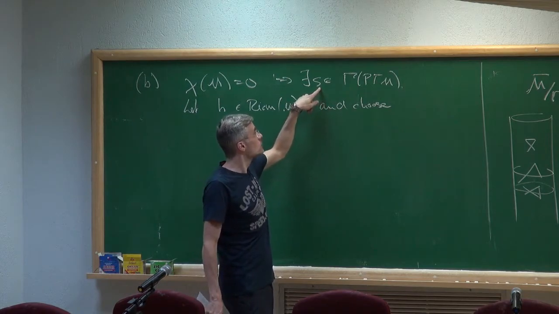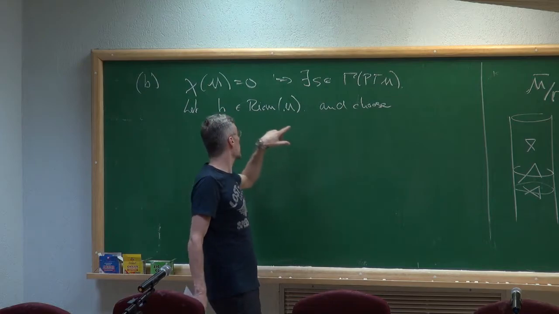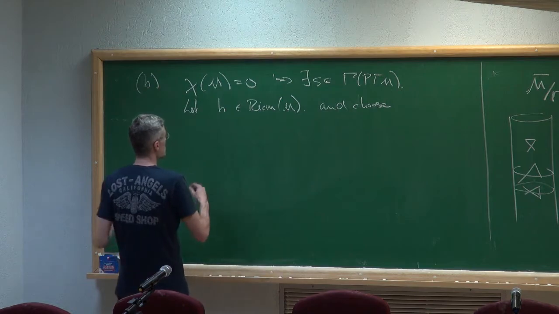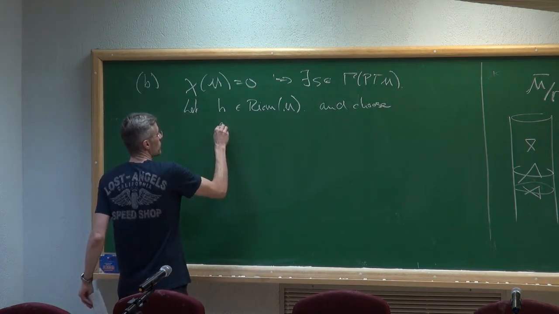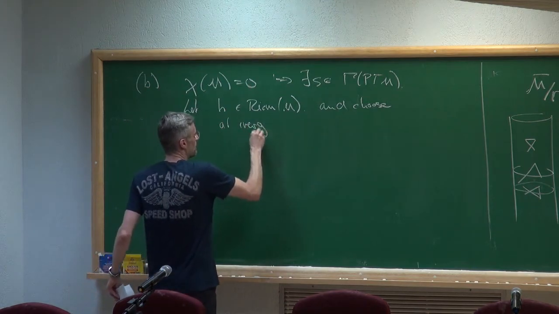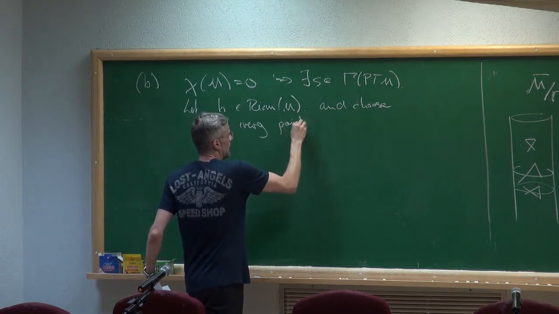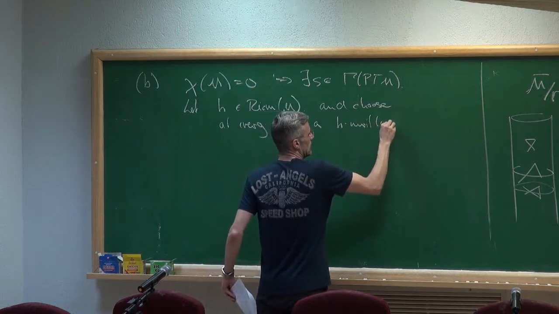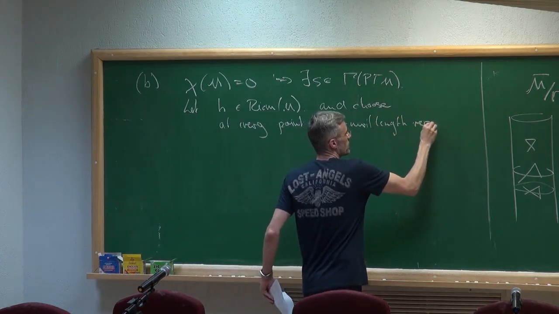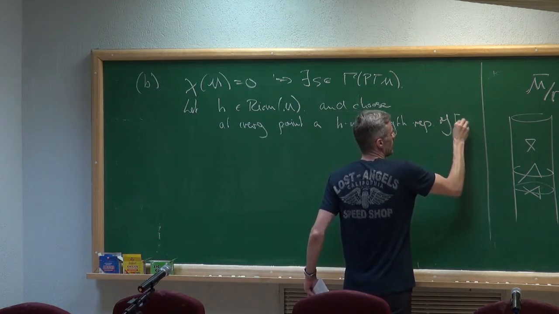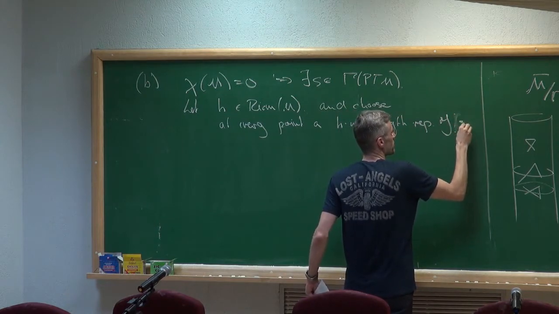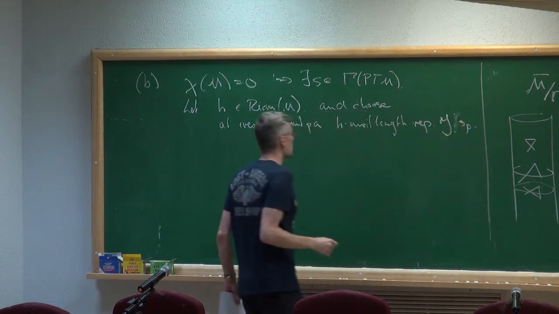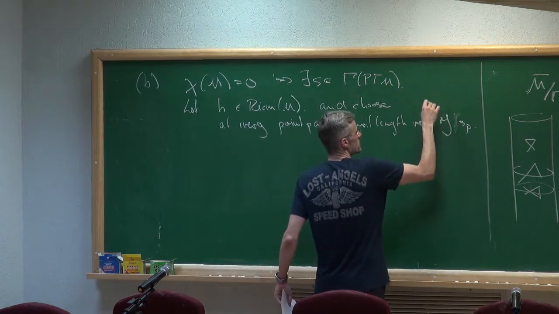So you can choose an H-unit-length representative of this thing up to sign. Choose at every point P an H-unit-length representative of S at this point. I call this X_P.